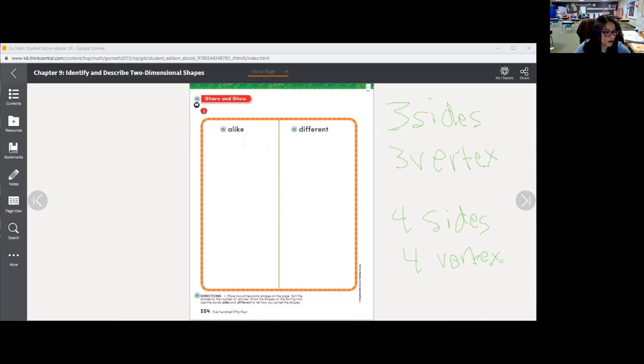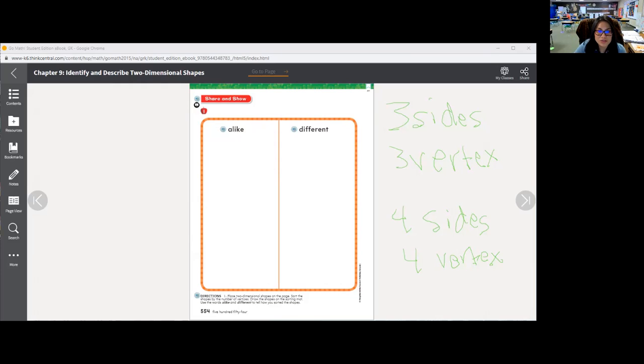So I'm going to call on Maggie. What's one of the shapes that has 4 sides and 4 vertex? Triangle. A triangle has 4 sides. Wait, not triangle. I forgot the name. Square. A square, yes, a square has 4 sides and 4 vertex. So everybody needs to draw a square. How does a square look? Remember, the sides are all the same length.